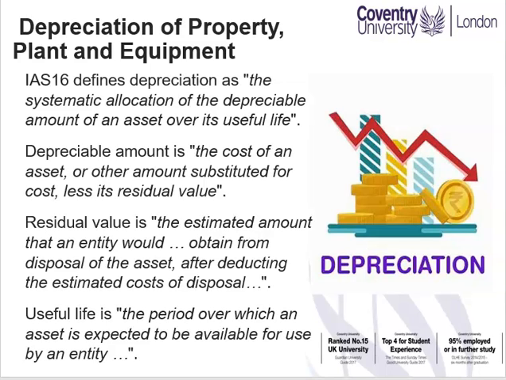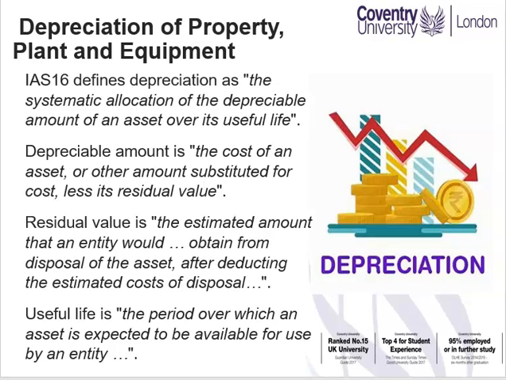Because the asset is in use, the cost of the asset used is expensed. The process of expensing the cost of asset used is known as depreciation. Basically, the cost is allocated over the period that we expect to use the asset. So the process of that cost allocation is what we refer to as depreciation.